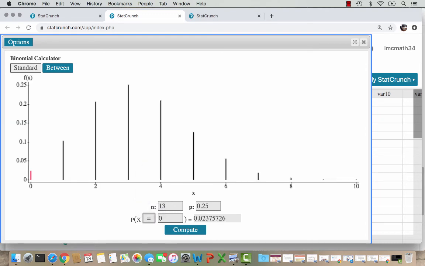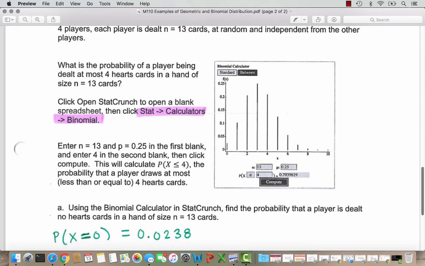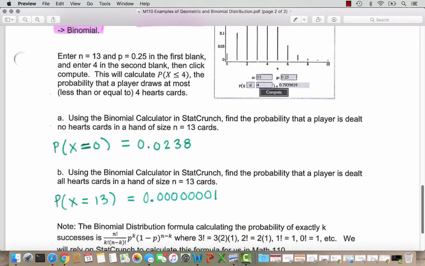And so the probability x is 0, meaning no hearts cards, is 0.02375726. I'm going to round that to 0.0238. So you can see over here, the probability x equals 0, no heart cards, is right around 2%, 0.0238 rounded.